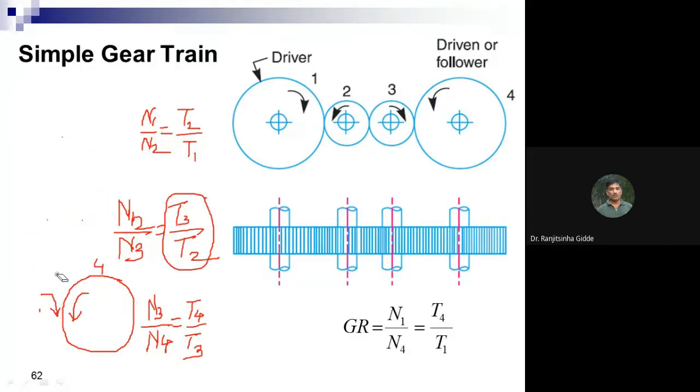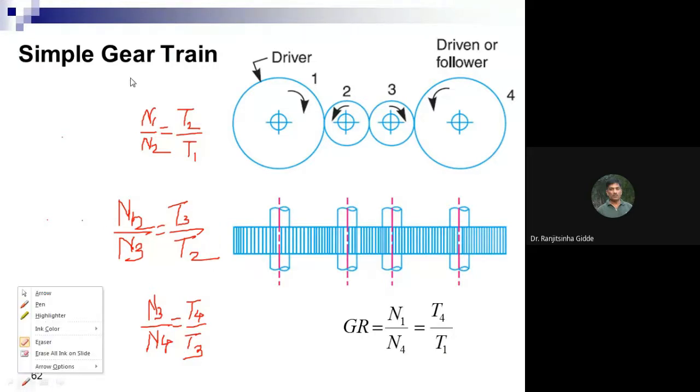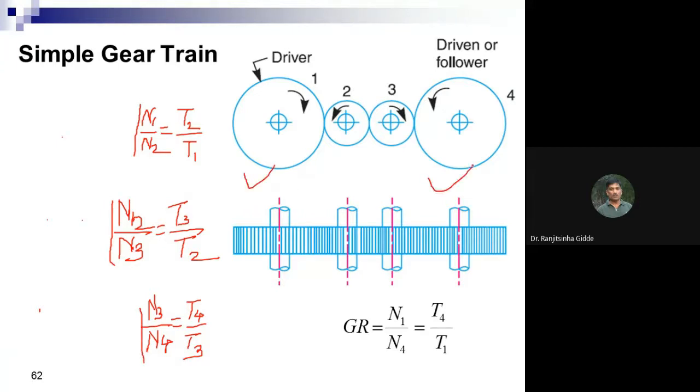This I will remove to get the space. Okay. Now this one is left hand side. This is left hand side. This one is the left hand side. Now to get the speed ratio between this driver and the driven, that is the follower.